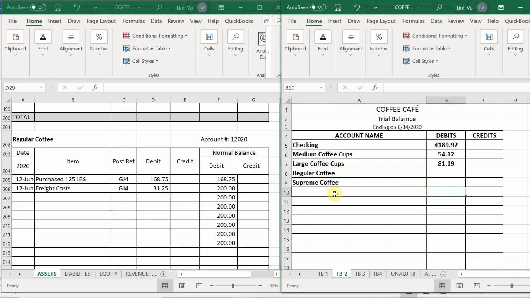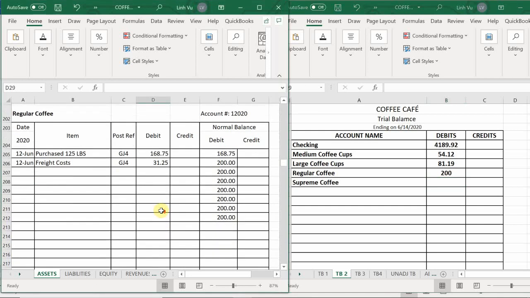What's my account balance for my regular coffee? $200.